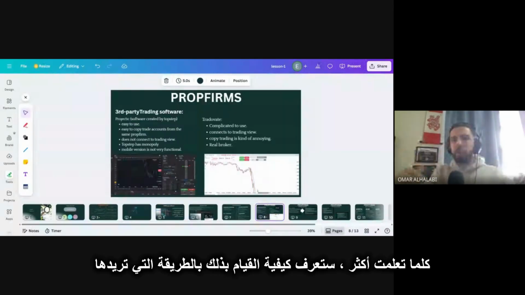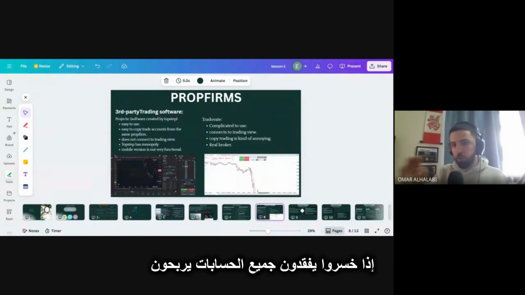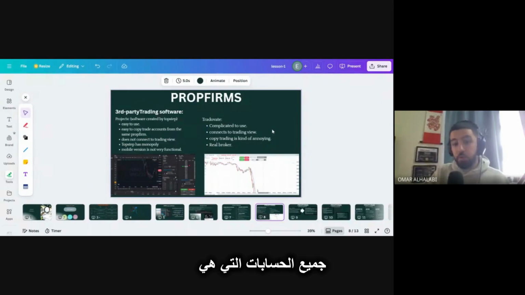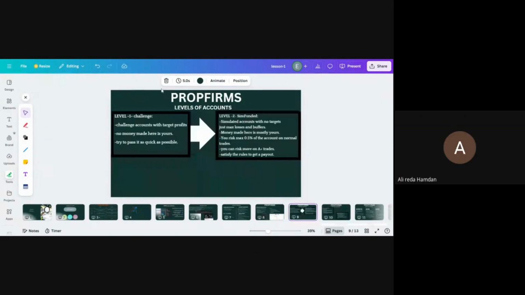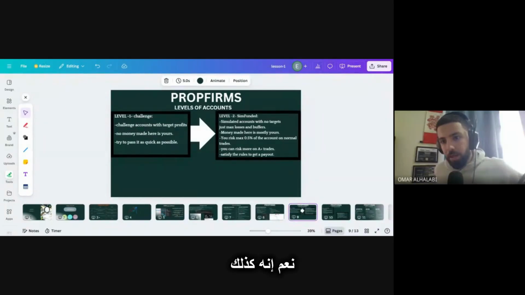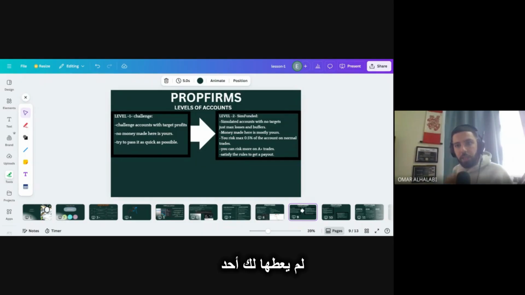And the more you learn, you'll know how to do it the way you like. I know people who trade 20 accounts in the same trade. They don't care. If they lose, they lose on all accounts. They win, they win on all accounts, which is high risk. It's like leverage you made for yourself. Nobody gave it to you.